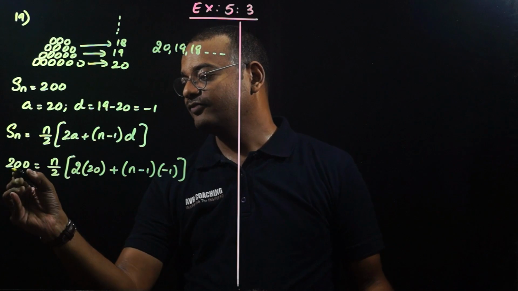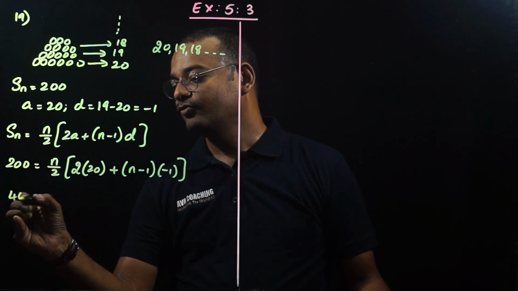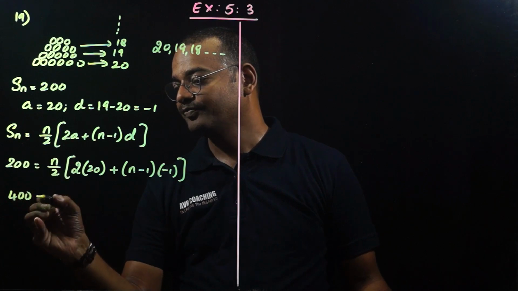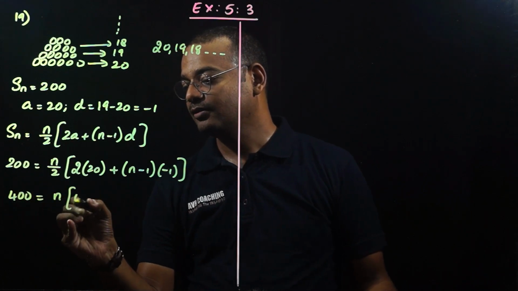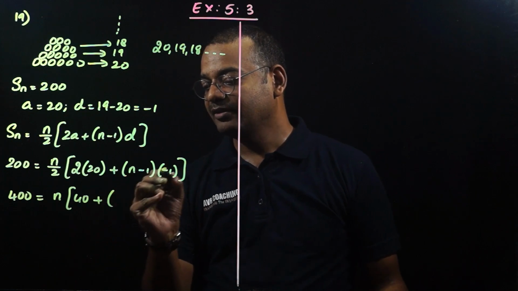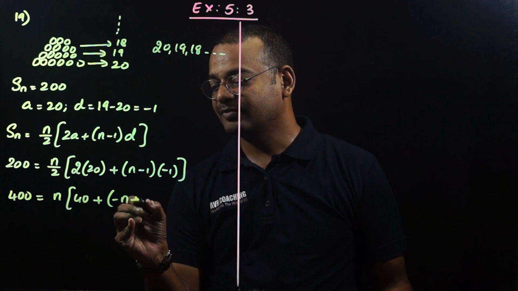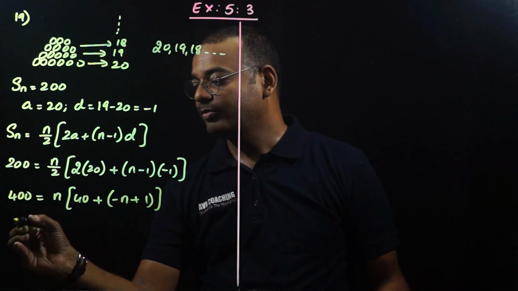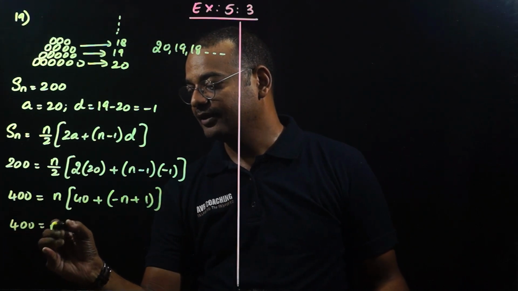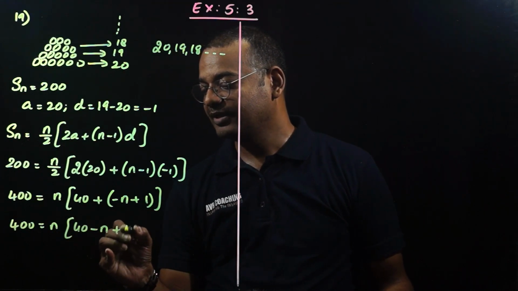If we cross multiply 200 and 2, it will be 400. So this will be n into 2 into 20, which is 40. Now minus 1 into n, minus into minus gives plus 1. Open this bracket, you will get n into 40 minus n plus 1.